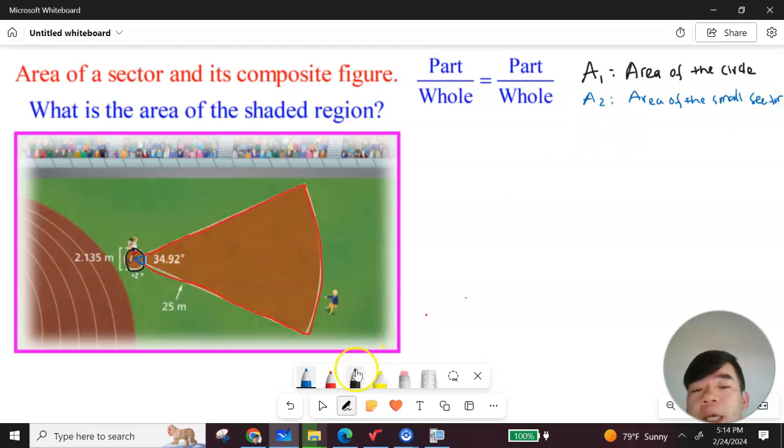Now A3, which means the red one right here, is the area of the big sector.